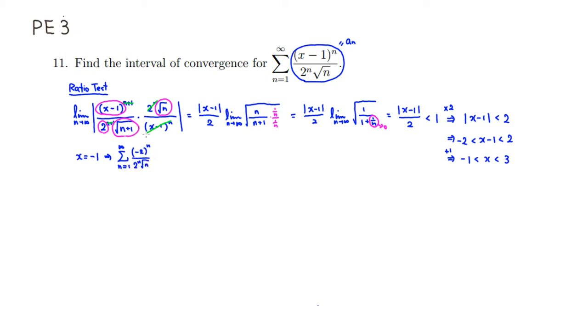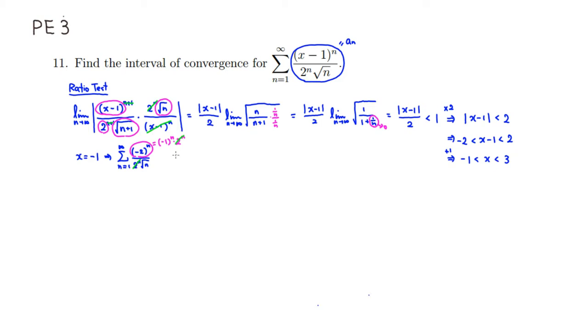But here, we know that the -2 and 2 can be separated, so this can be written as: distribute the nth power to -1, so (-1) to the n, and distribute the nth power to 2, so 2 to the n. So you can cancel 2 to the n and 2 to the n here.